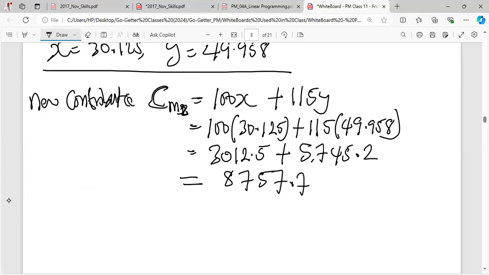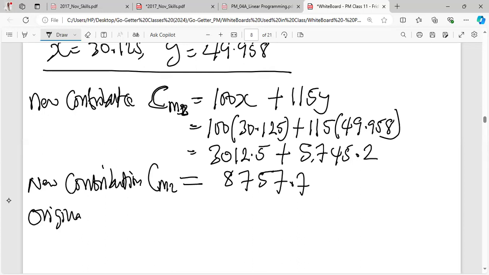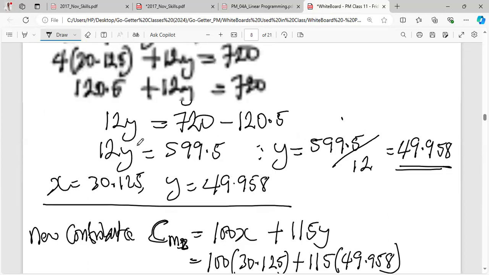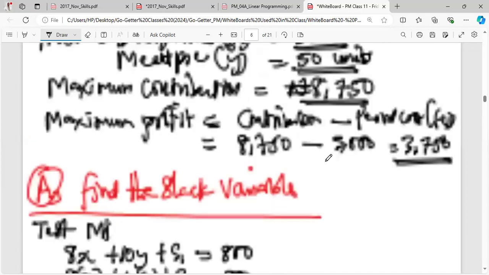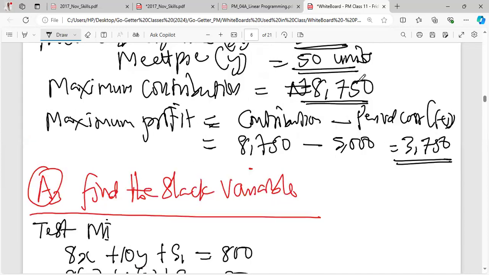So this is your new contribution. I call it CM2. Then I will say original contribution, C optimal. I'll call it C optimal. What is our C optimal we got before? 8,750.